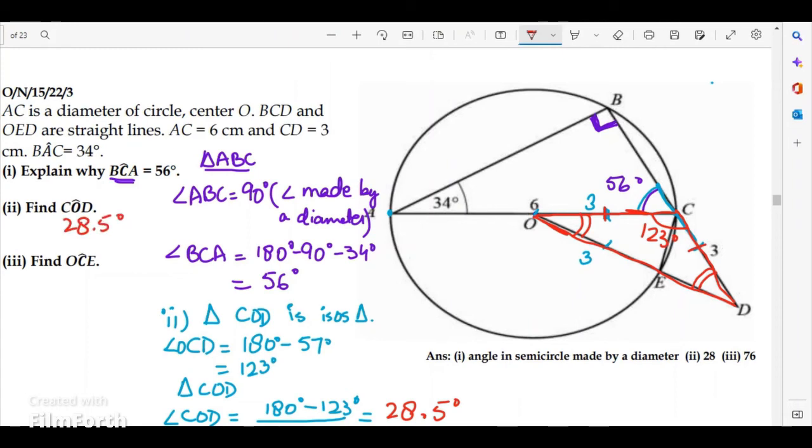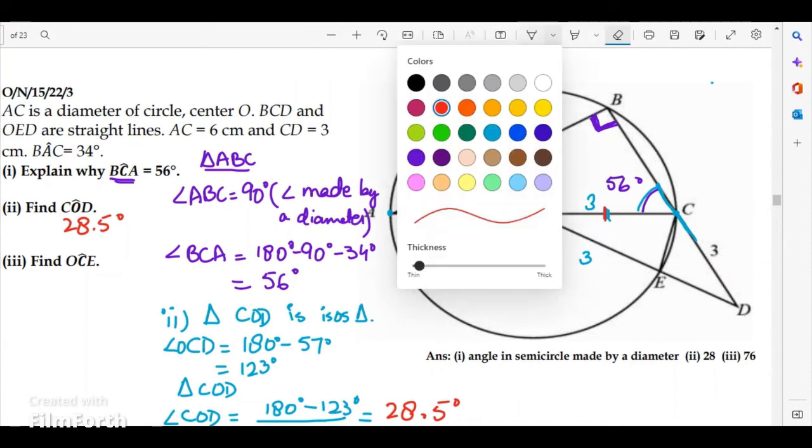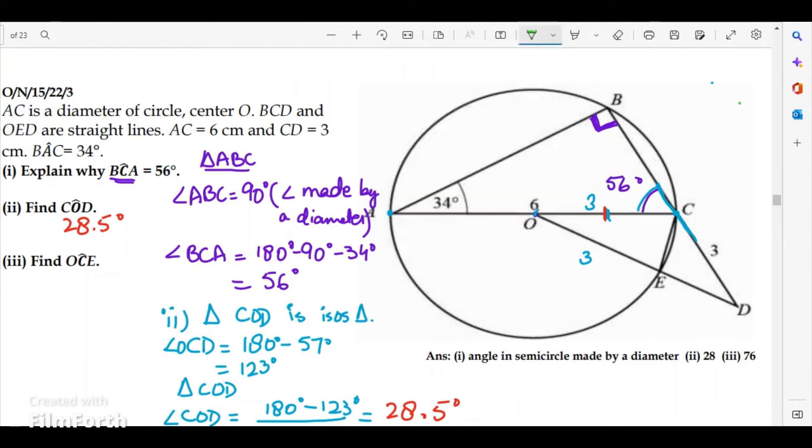Next, we have to find angle OCE. Okay, I'm just erasing the step again to make things better. So what I have now is, I have to find this angle, by the way.